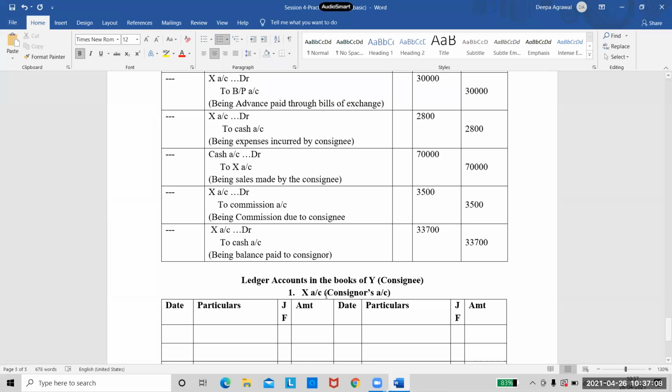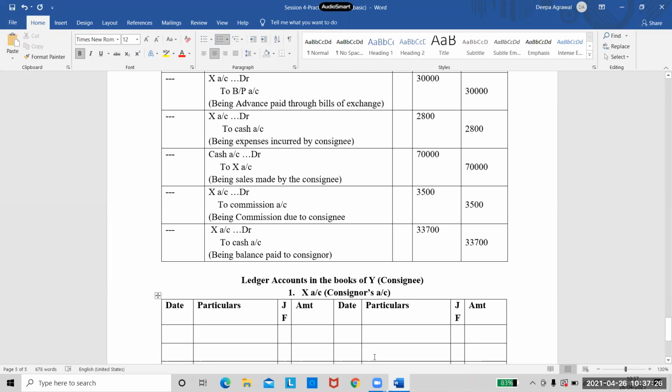So we are now preparing X account, who is the consignor. Wherever in the journal entries you see X, you have to transfer that entry here. And all these 5 entries have X, so all 5 entries will get transferred to the ledger account of consignor.